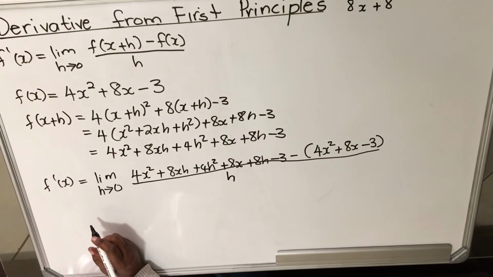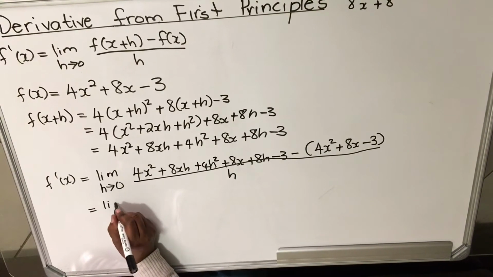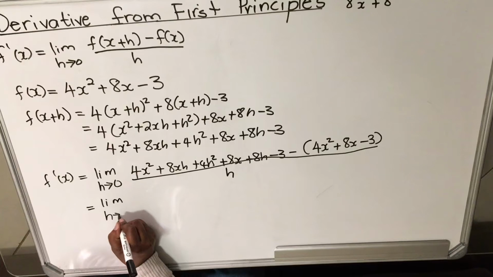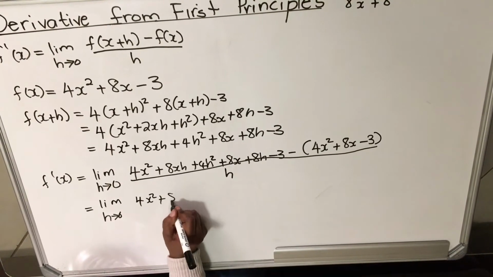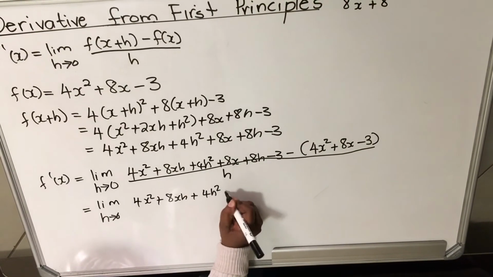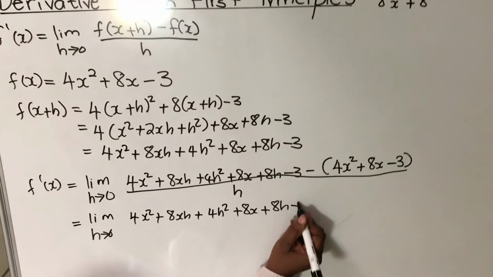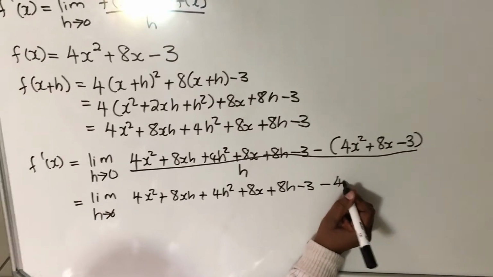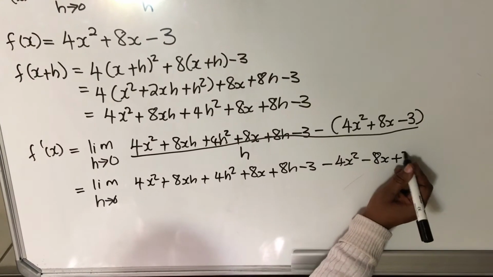Okay, let's do the next step. It's limit as h tends to 0, 4x squared plus 8xh plus 4h squared plus 8x plus 8h minus 3, minus 4x squared minus 8x plus 3.